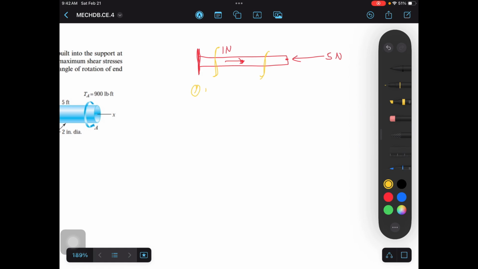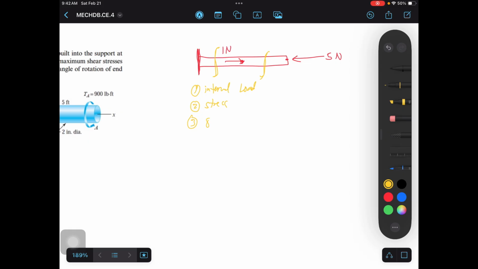So, first step, internal load. Next, kapag may internal load ka na, makukuha mo na si stress using the internal load. Since nakuha mo na si stress, next mo kukunin is yung deformation na.